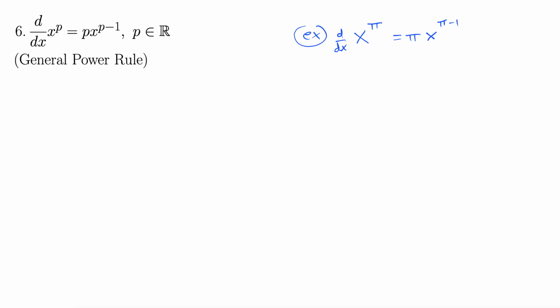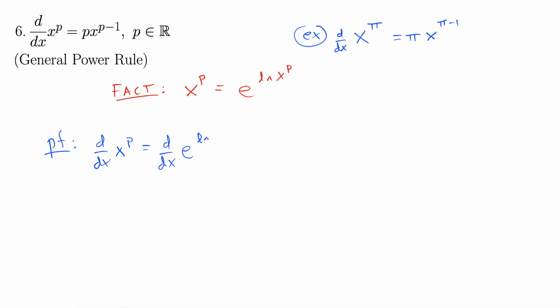We're going to use the same fact as before. So here's our fact about exponentials. We can write x to the p as e to the natural log x to the p. E and natural log are inverses, they cancel out. So here's our proof. The derivative of x to the p is simply the derivative of e to the natural log x to the p.